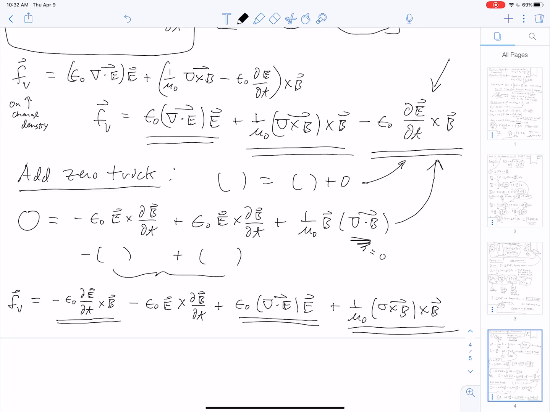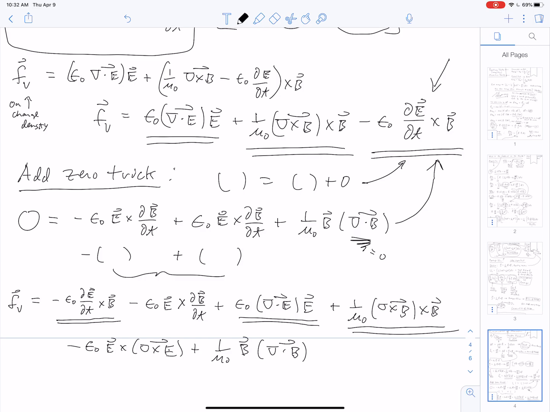But now I'm going to add those other 0 terms, which is going to be minus epsilon naught E cross del cross E, plus 1 over mu naught B times del dot B.